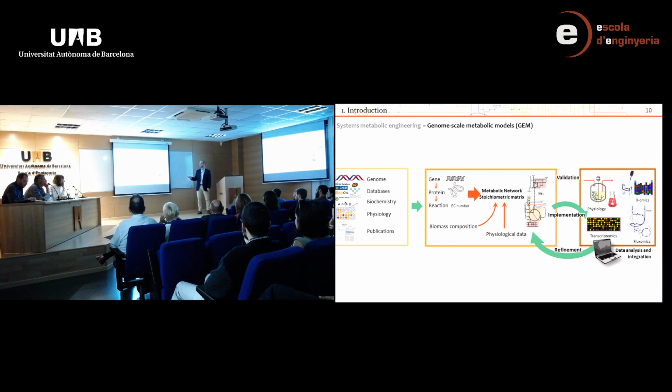With this information, together with biomass composition, we can formulate a metabolic network that is represented as a stoichiometric matrix. Then this network has to be validated with experimental data. In addition, the integrative analysis of this experimental data can be used for model refinement and subsequent implementations.